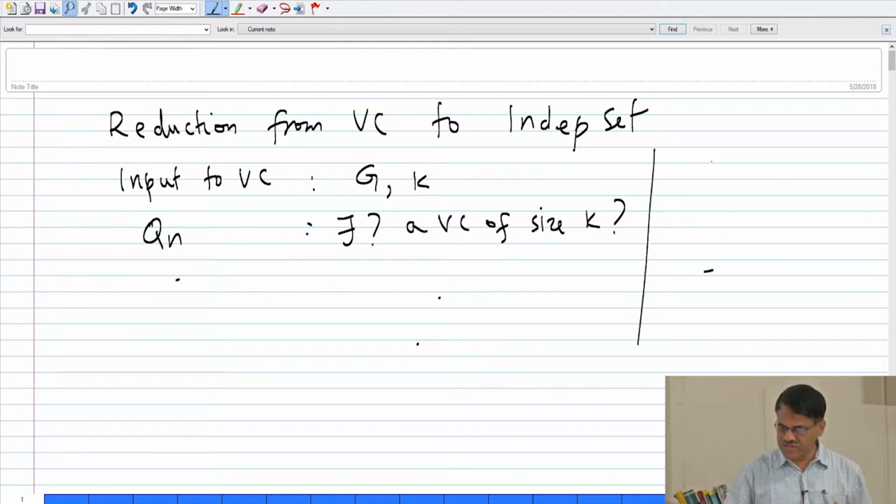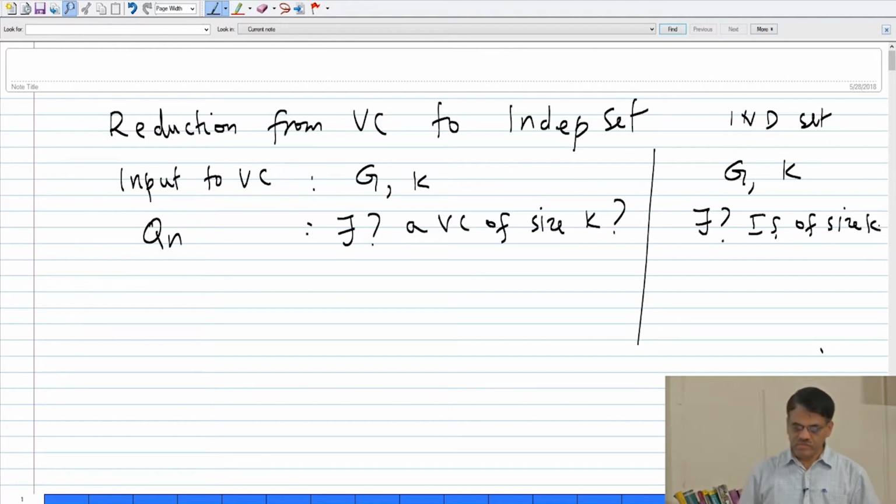So, what is the independent set problem input? For independent set, the input is G, K. Again, you are given a G and a K, and the question is, does there exist an independent set of size K?